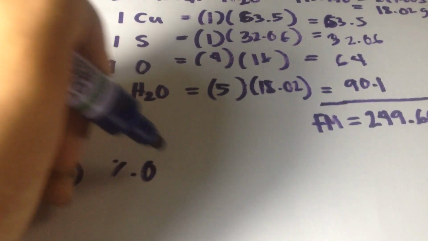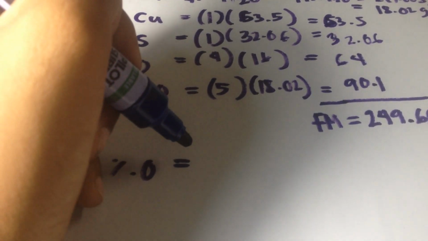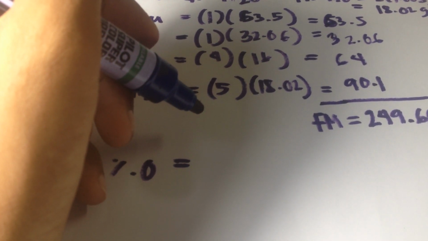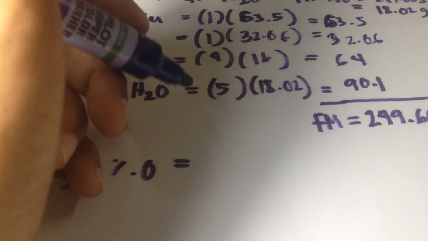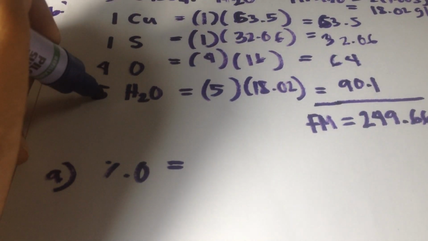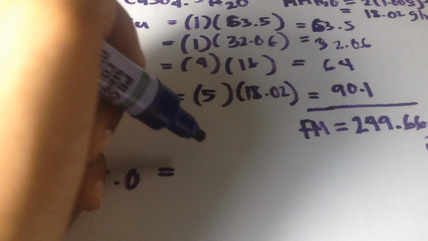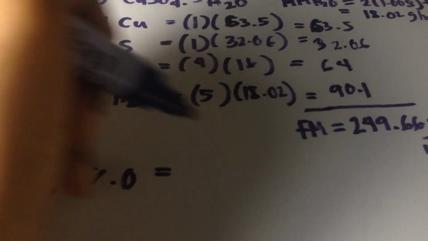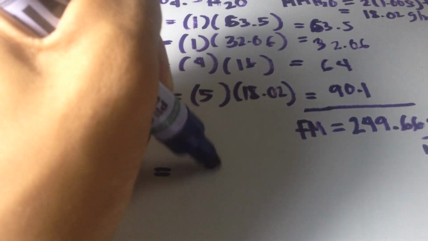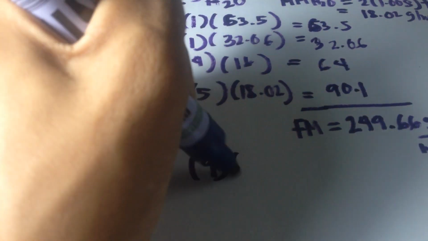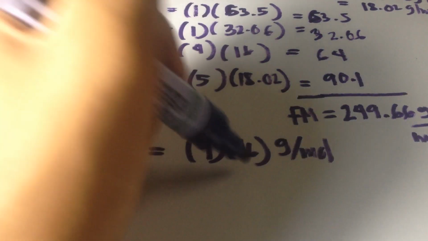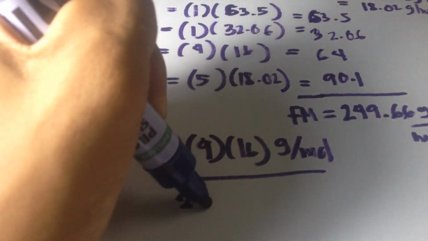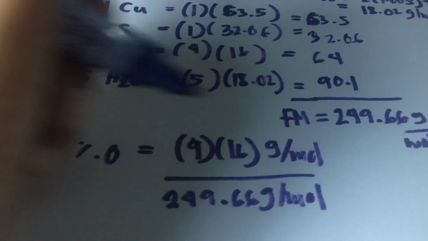So percent of O is equal to 5 plus 4, which is 9, so 9 times 16 grams per mole over the formula mass, which is 249.66 grams per mole, times 100%.